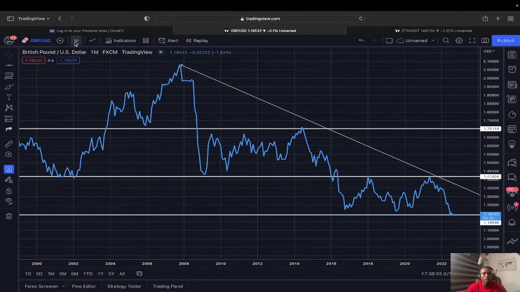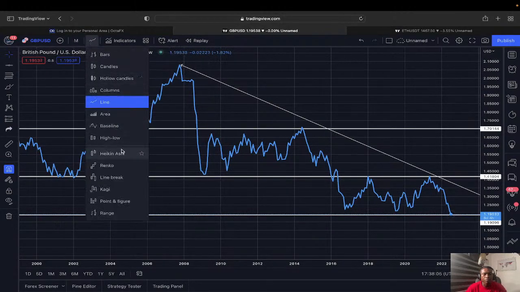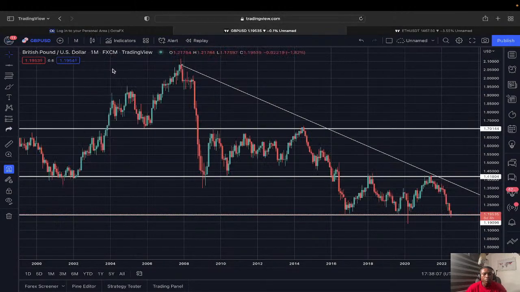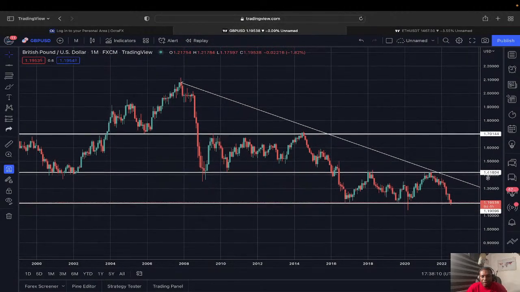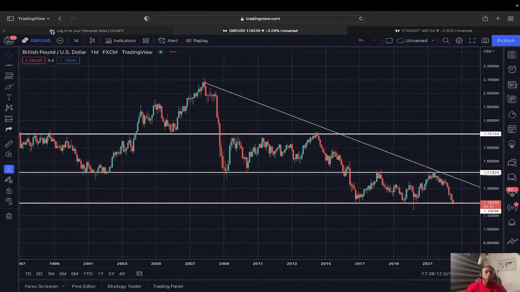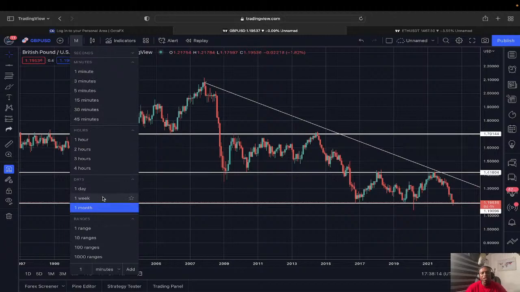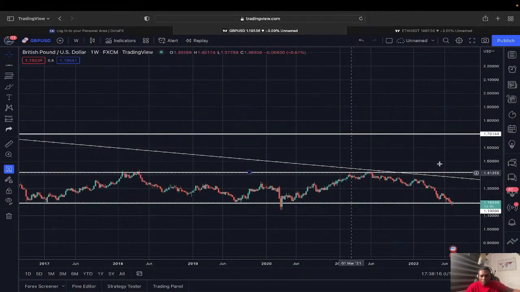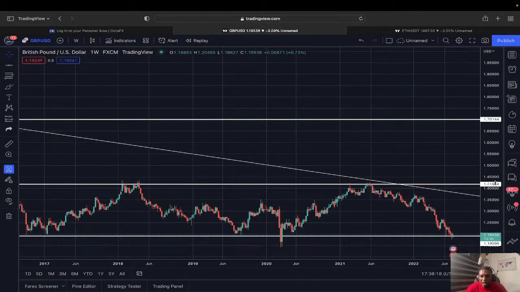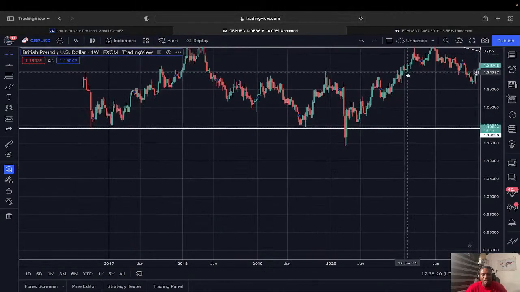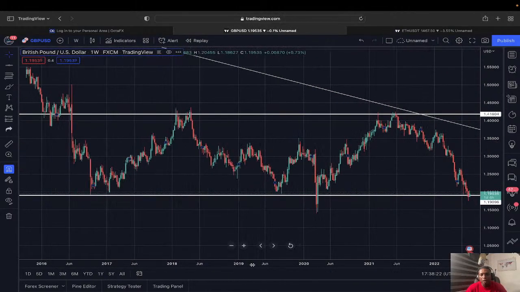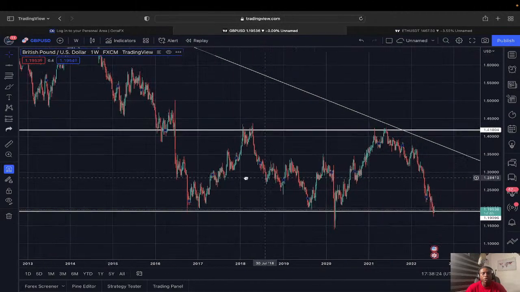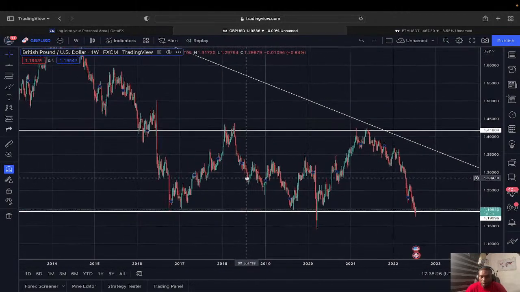So this is the monthly time frame. Now let's take it to the weekly time frame so we can see closer and closer into what is actually happening. So guys, what is going on with GBP?